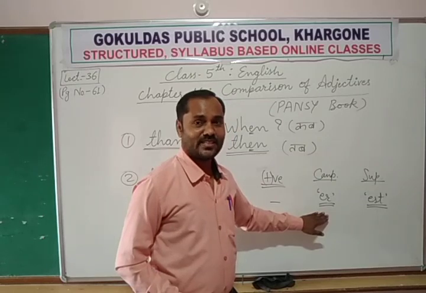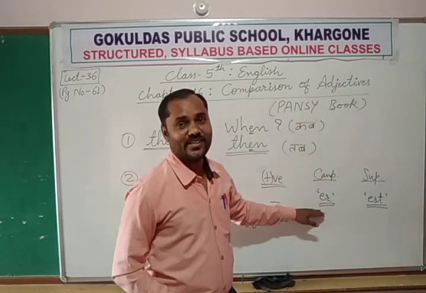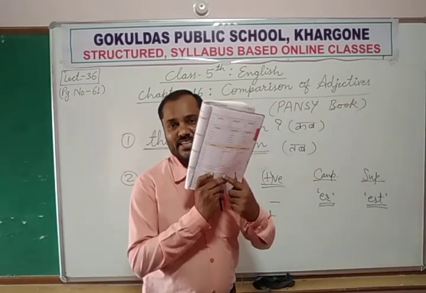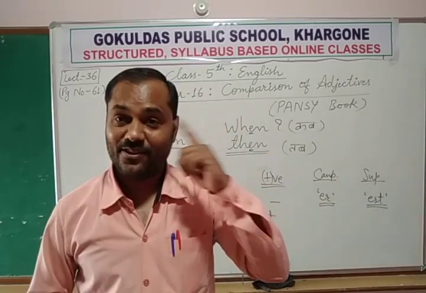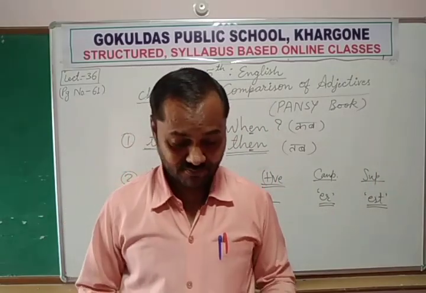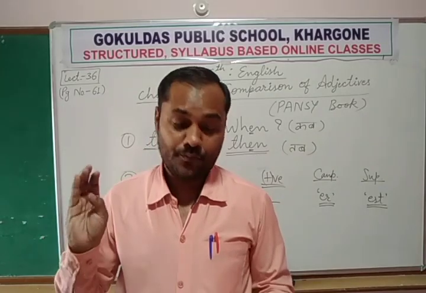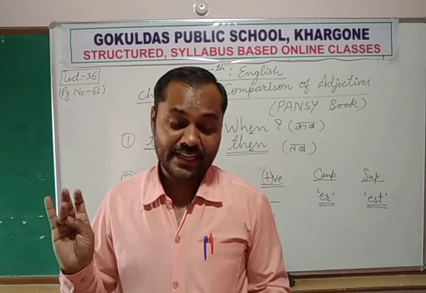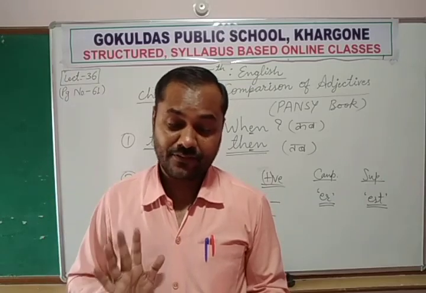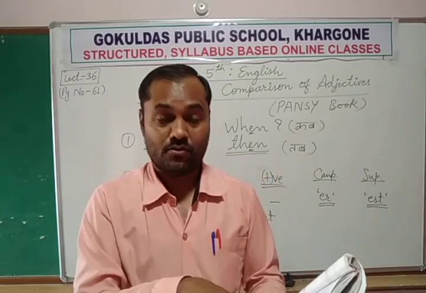Some of the adjectives don't follow this rule, so you need to learn them. Just like active, beautiful, careless, deficient, and exciting. These are 5 examples which don't follow the earlier rule; rather they follow this rule.